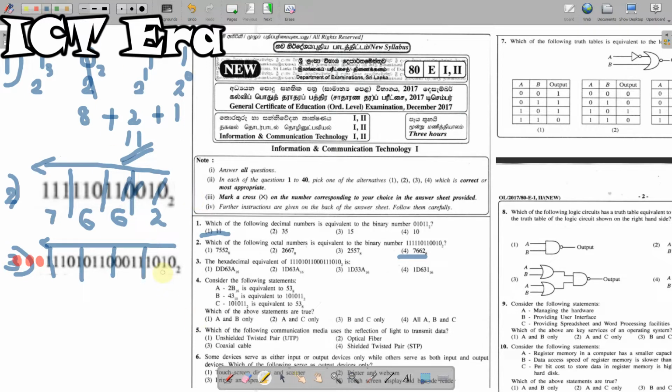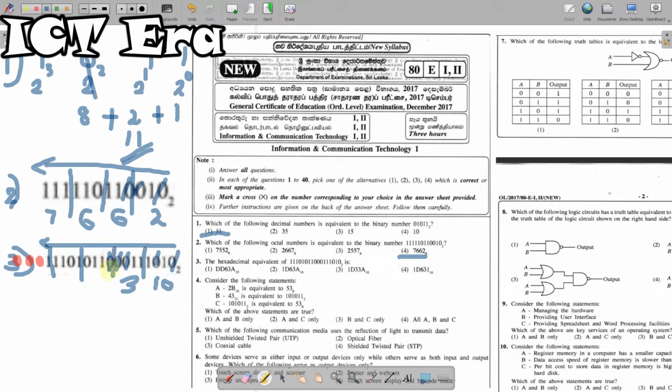Then next one, let's see. Here zeros we can cut. Then here 2 to the power 1 is 2, 2 to the power 3 is 8, 8 plus 2 should be 10. Here we can cut these 2 zeros. Then 2 to the power 0 is 1, 2 to the power 1 is 2, then 2 plus 1 is 3.